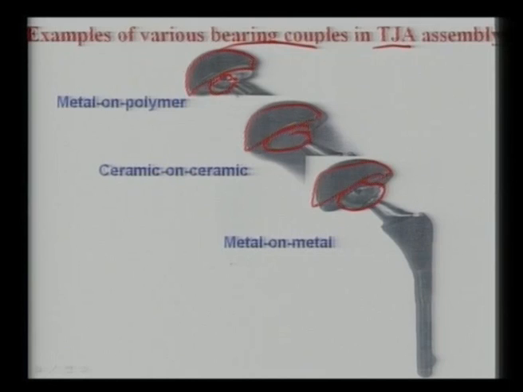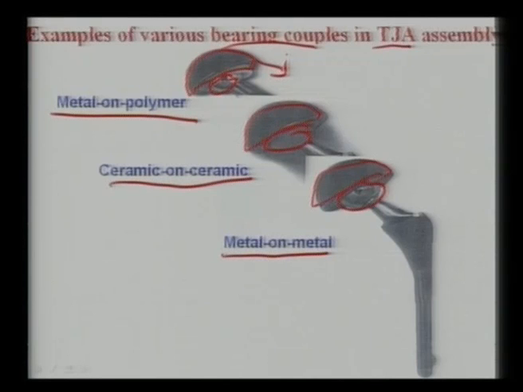So you can have the bearing couple metal on metal, metal on ceramic, or the bearing couple composed of metal and polymer. So therefore it is not something sacrosanct that you need to use the polymeric material all the time. For this acetabular cup, one can use metal, and one can use ceramic also as the acetabular cup material.